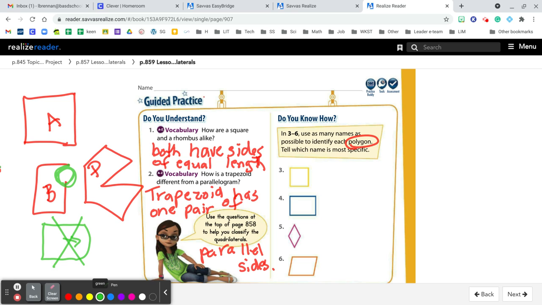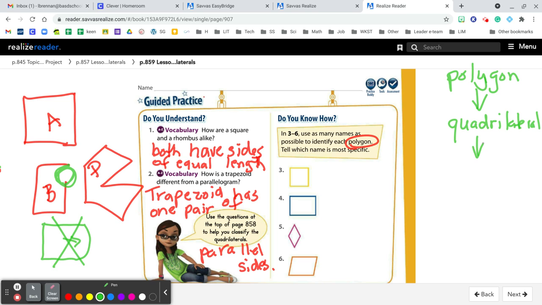So number 3, starting at the top, we can say it's a polygon. Then we can say it's a quadrilateral because it's got 4 sides.